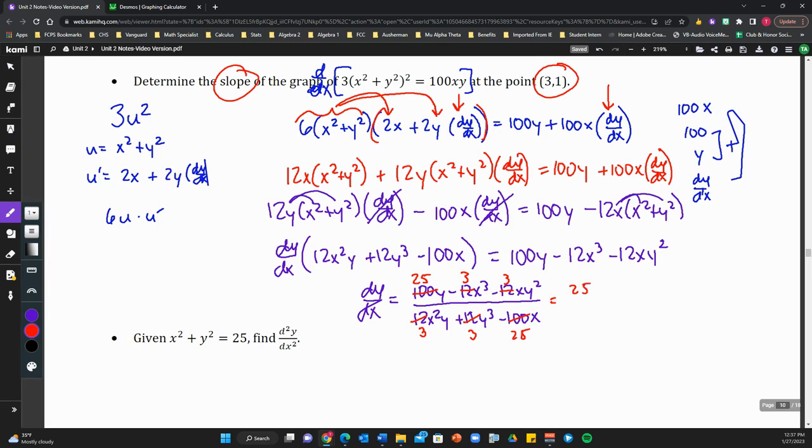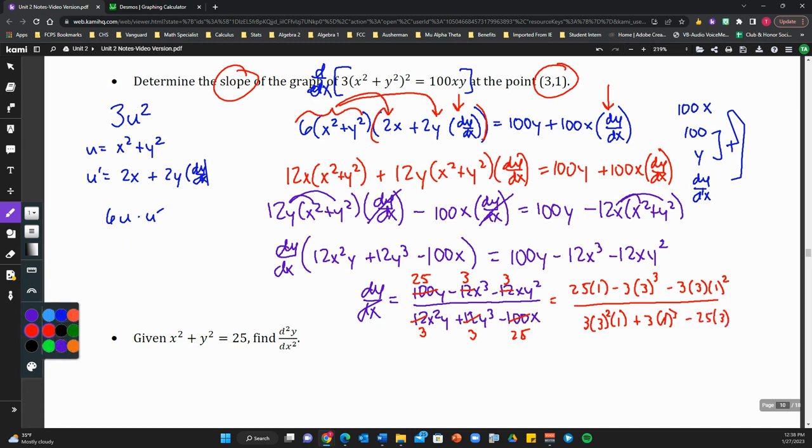So this would give me 25 times 1 minus 3 times 3 cubed minus 3 times 3 times 1 squared all over 3 times 3 squared times 1 plus 3 times 1 cubed minus 25 times 3.